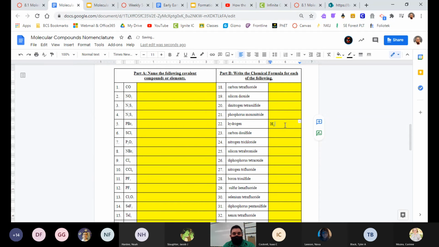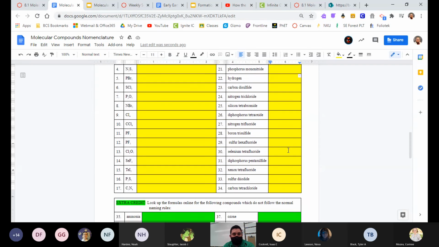Anytime you just see hydrogen or oxygen or fluorine or whatever, it is that atom bonded twice with itself. And that's what it means to be a compound: 2 atoms bonded together, or 2 or more. So it's not just an element, it's a compound itself.